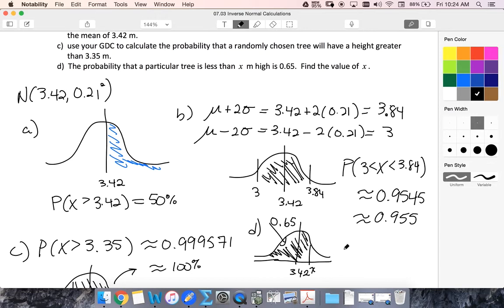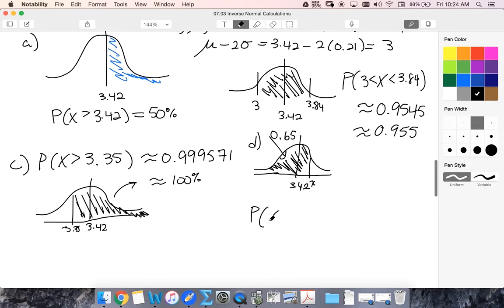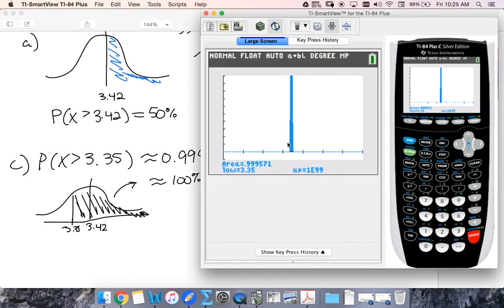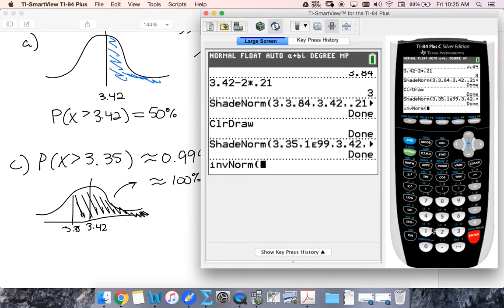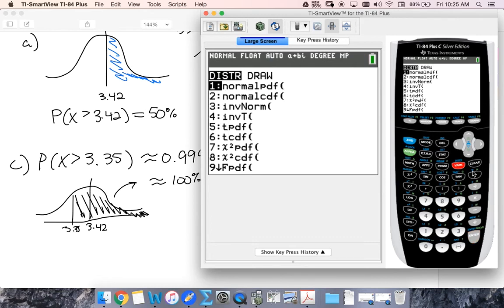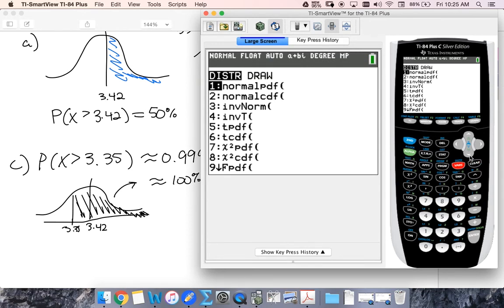All right, so this is the probability that x is less than little x is 0.65. This is the way I like it for my inverse norm. I don't need to do anything else except calculate it. So distribution, inverse norm. That's funny. Let's clear that. So distribution, maybe it doesn't like to go from the graphing screen.